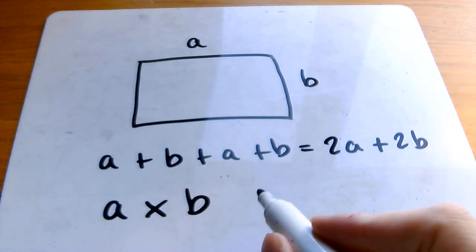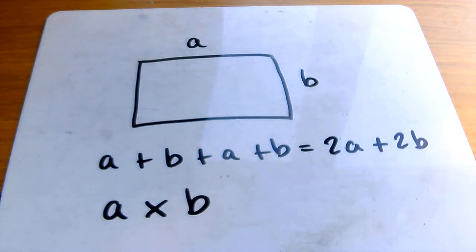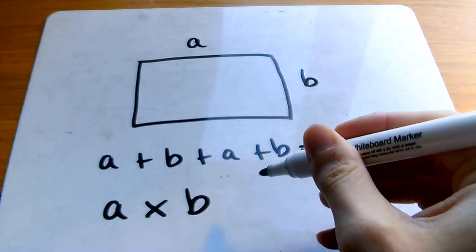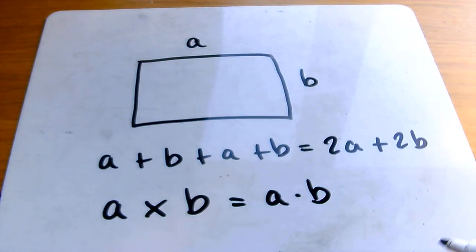Now there's not any way to actually do this calculation, but mathematicians have got two ways to make it a bit easier to write. So you'll sometimes see people writing A dot B. It's a bit unusual, but you might see that, and it just means multiplying.